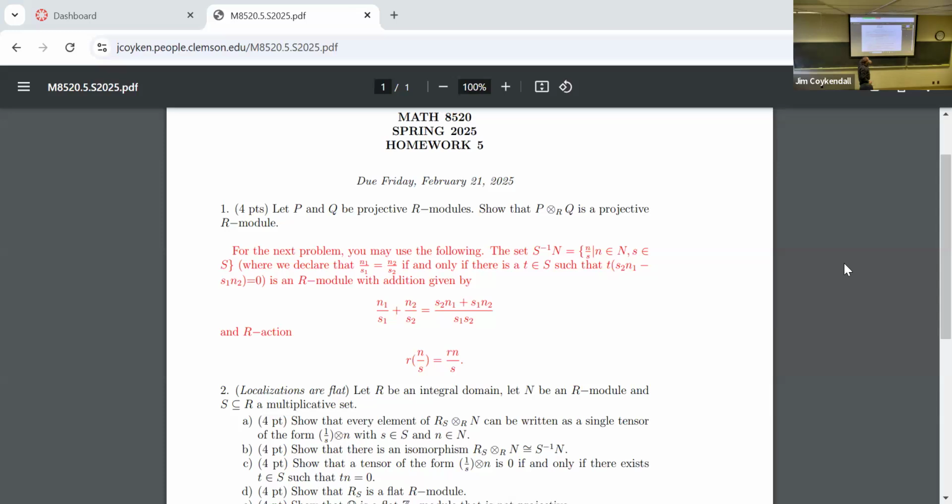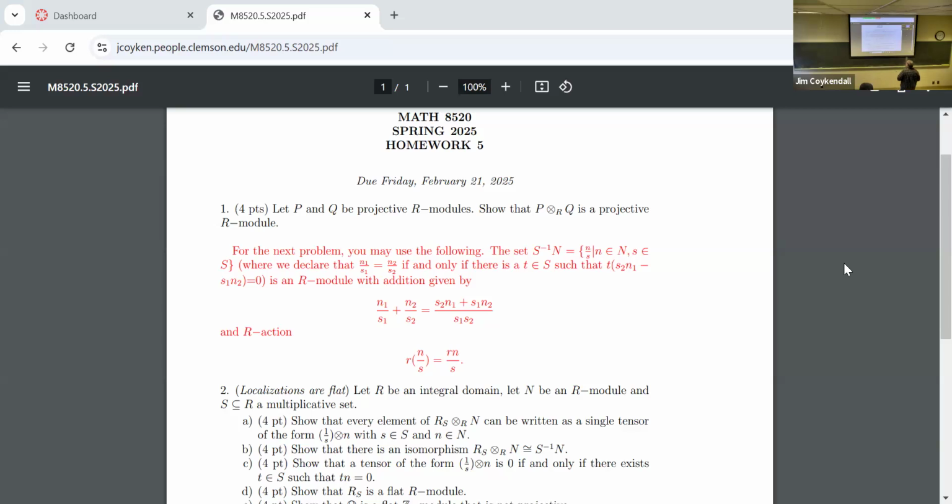We say the two fractions N1 over S1 is equal to N2 over S2 if and only if there's a T in S such that you have the cross multiple, S2 N1 minus S1 N2, multiplied by T is 0. That's what it means for two things to be equal.